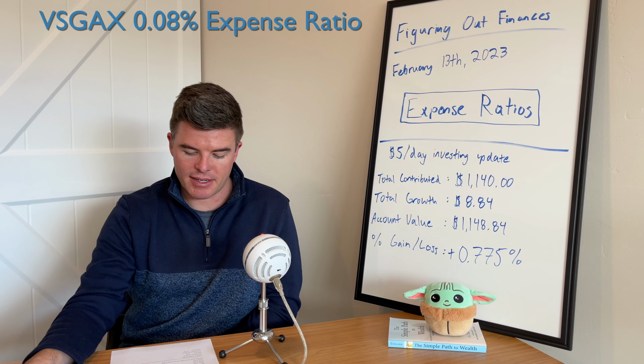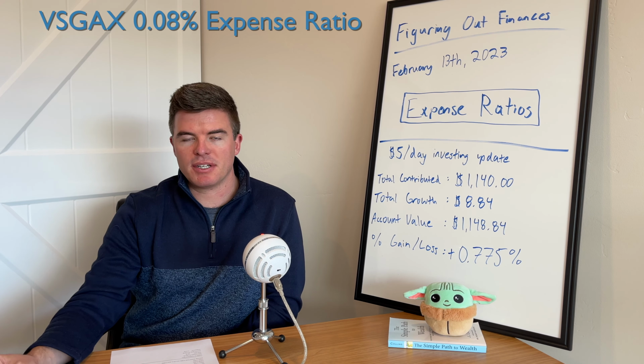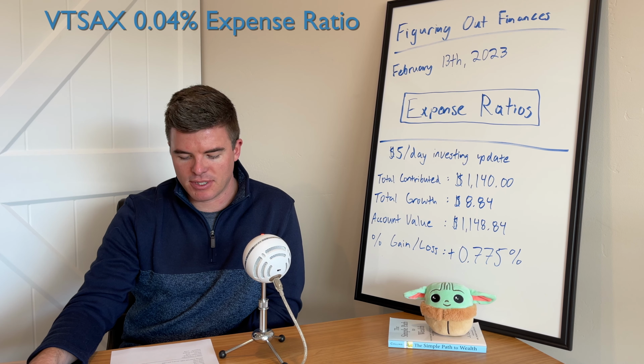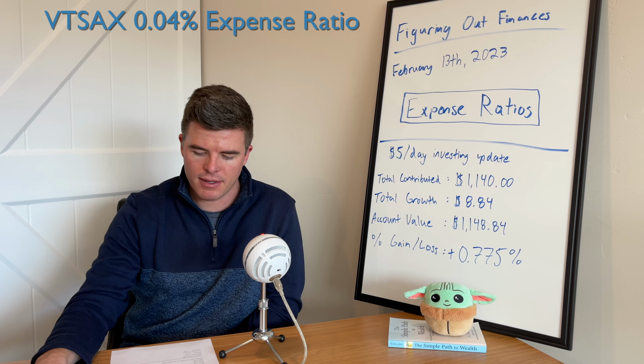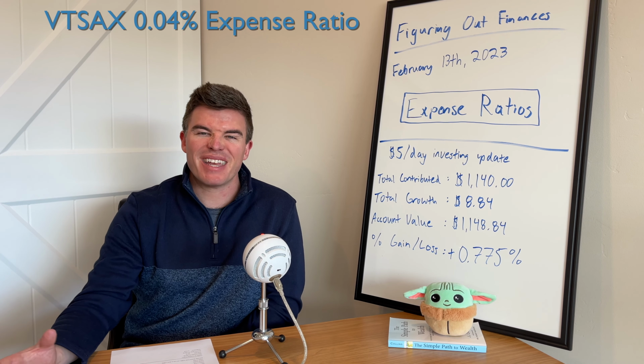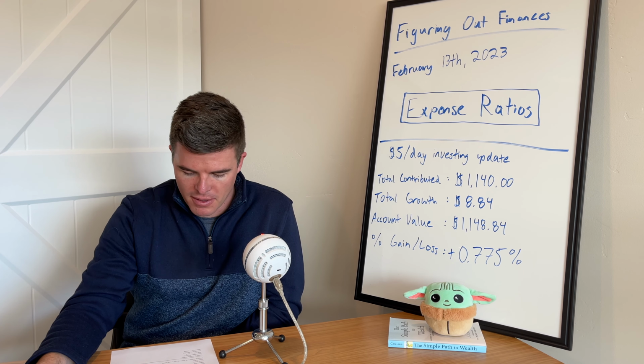And we'll talk about target date retirement funds in another video. But I like that one because it's got a really low expense ratio at 0.08%, so significantly less even than the Star one. And then below that, even if you had the VTSAX, which is Vanguard's total stock market fund, that one's even lower at 0.04%. So it's a very inexpensive fund to own and to have grow for you over the long term.